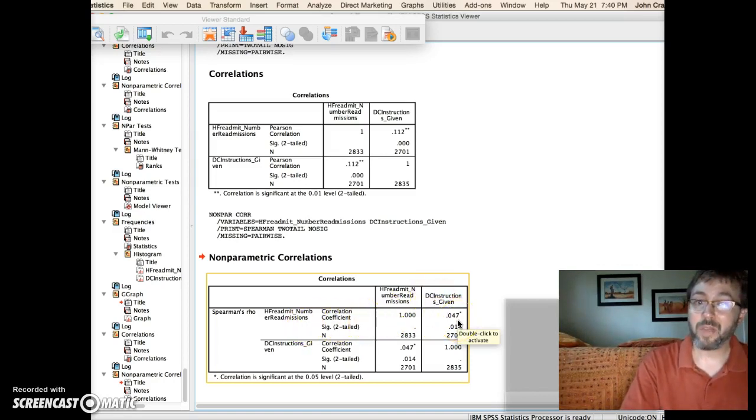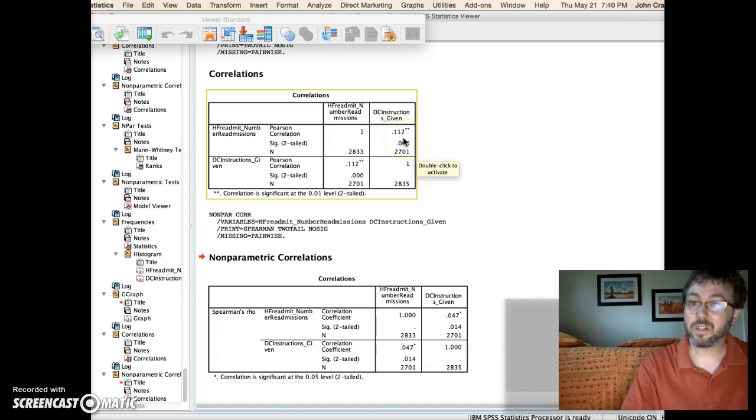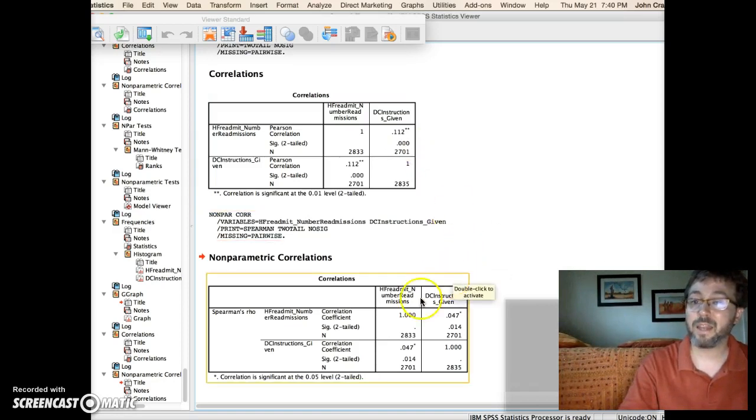Now, when we compare that to the correlation coefficient for normally distributed data, the Pearson correlation coefficient, we see that Pearson suggests that there's a stronger relationship between the two of 11.2%, but we know that that is not a clear or powerful measure when the data don't match the assumptions of that test.